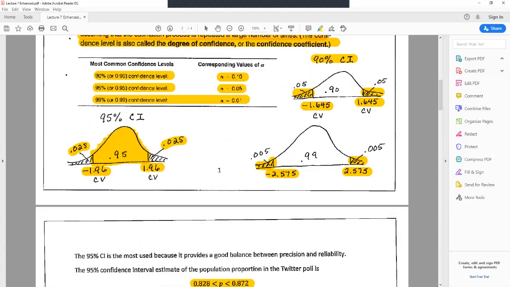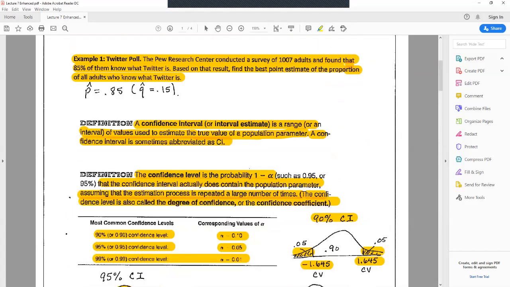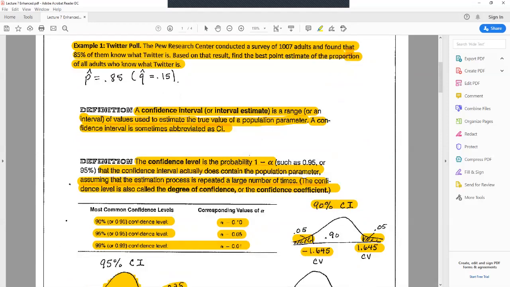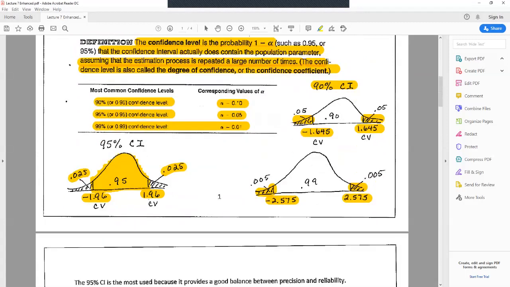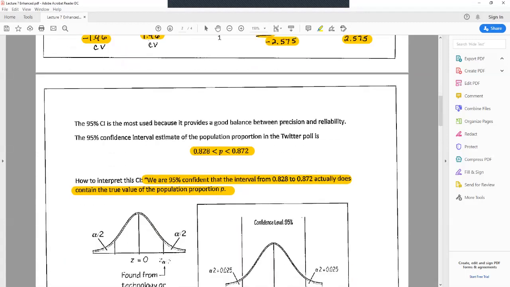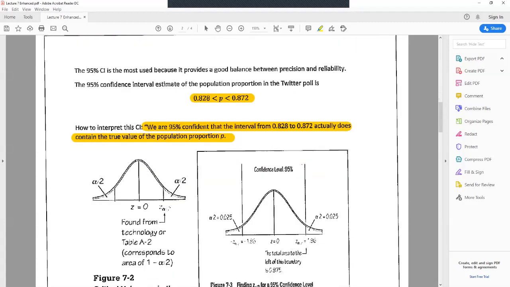Okay, let me go back to the original problem here. Pew Research Center found that 85% of adults know what Twitter is. If we generate a 95% confidence level, then we know that the true population proportion of adults who know what Twitter is is somewhere between 0.828 and 0.872.